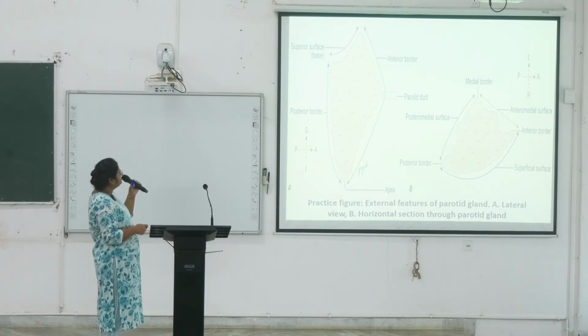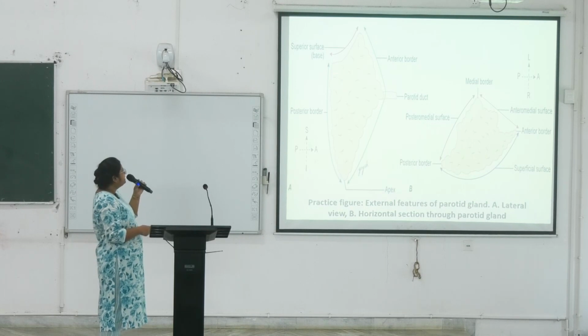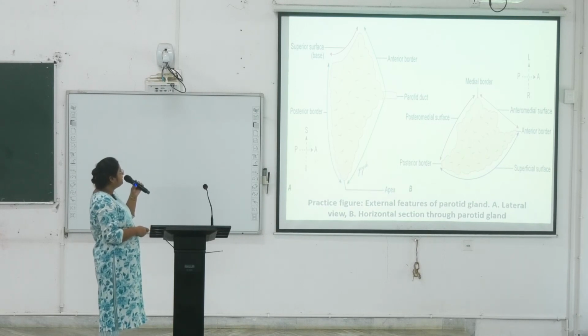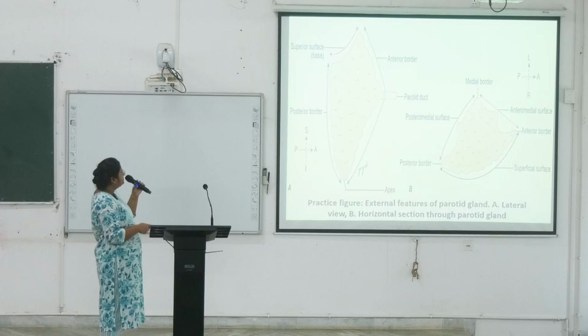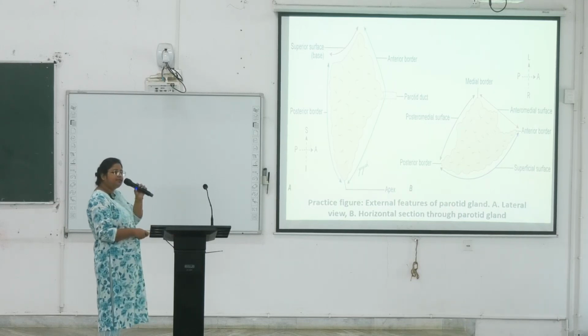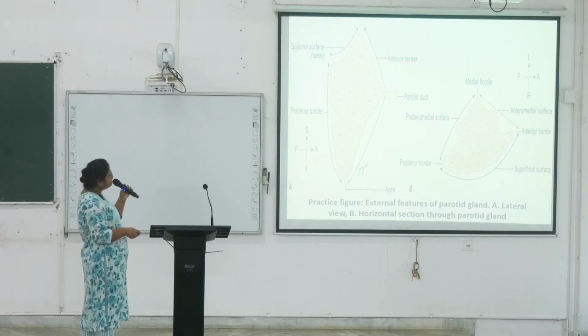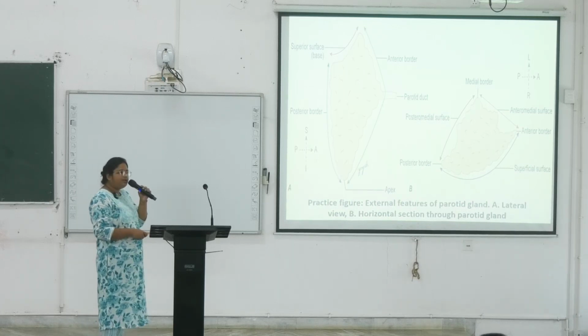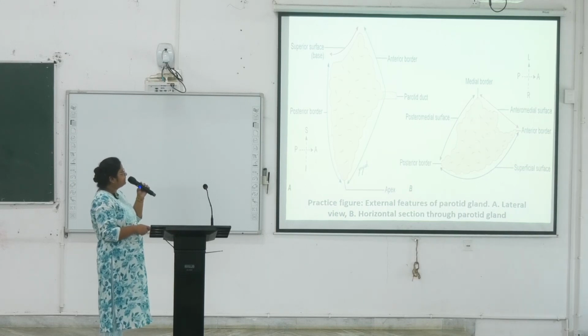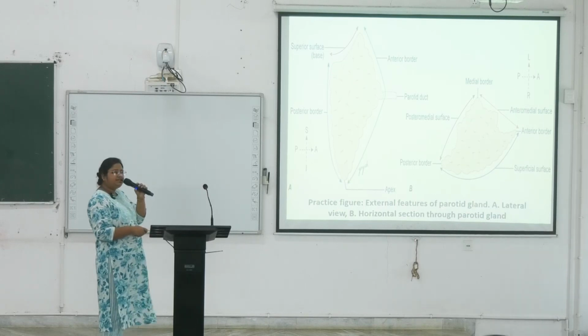There is the superior surface or base of the gland, and this surface you can see from the lateral aspect. Here, this surface is the lateral surface or superficial surface. And in this cross section, you can see this is the anterior border. Here is the posterior border, and this part is the medial border. The medial border is separating the anteromedial surface and posteromedial surface.